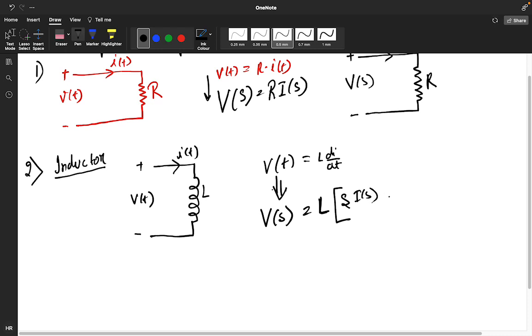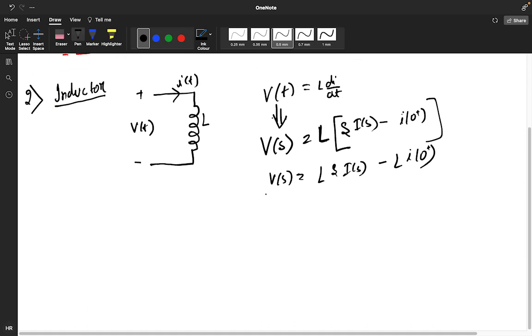But for differentiation, one initial function is also coming. That is your I of 0 plus. It will be given. If it is not given, it will be 0. Okay, so V of S will be L S I of S minus L I of 0 plus.